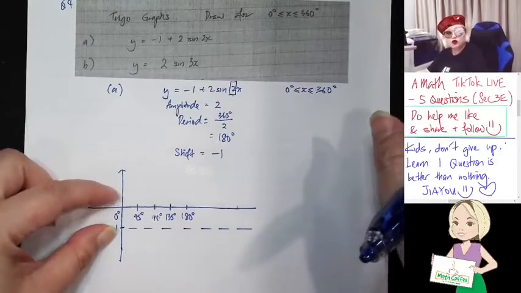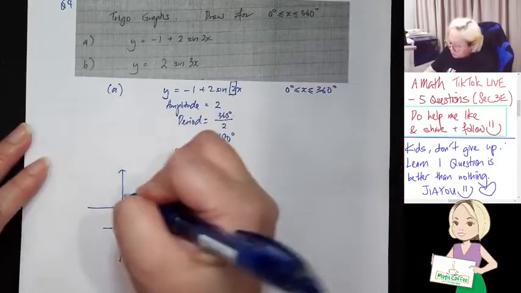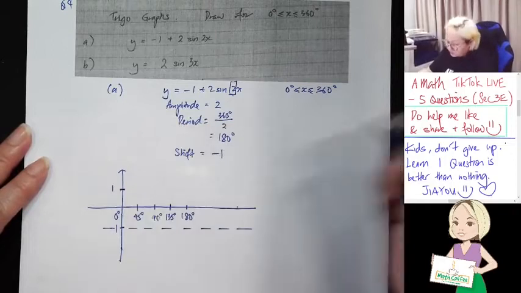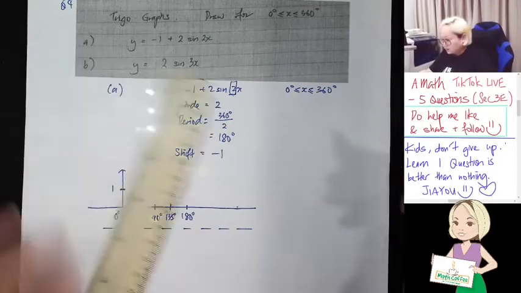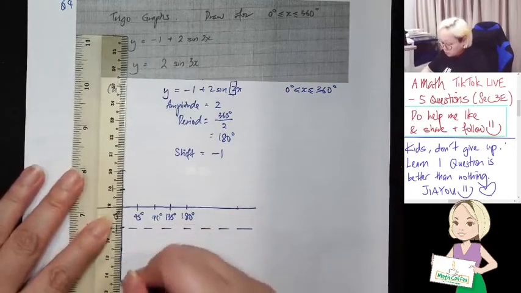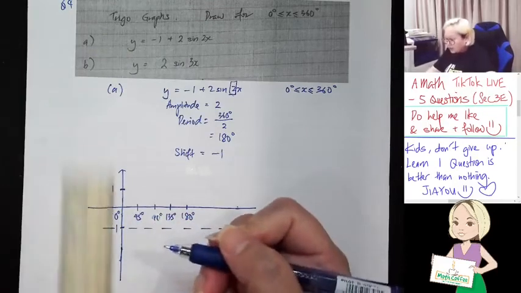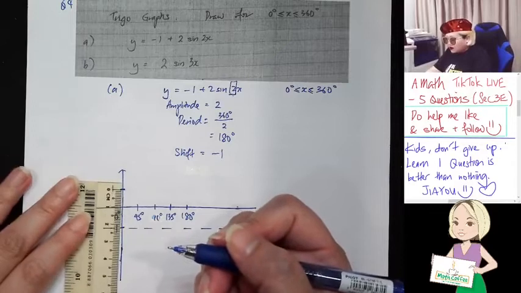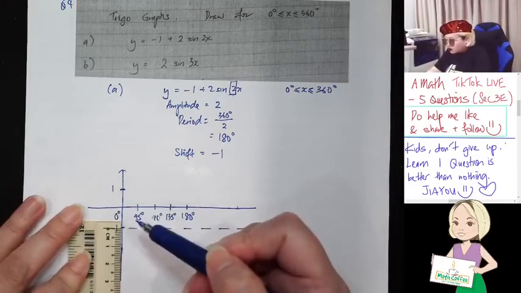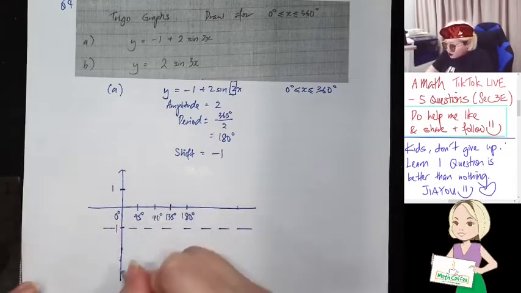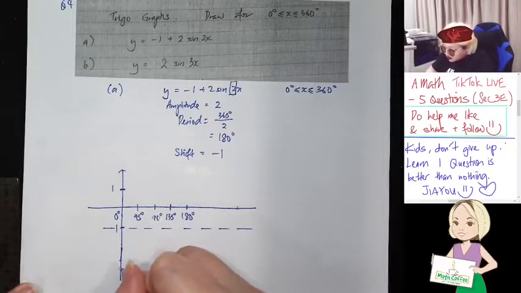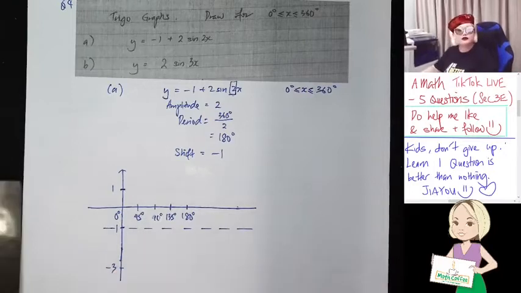Minus 1 plus 2, it's 1. So that means here. Then, amplitude 2. So, minus 1, minus 2, so it's minus 3. So, you see, although it's sketching, the measurement must be around the same. 2 plus something, so it's around here. So, it will be here, which is minus 3.